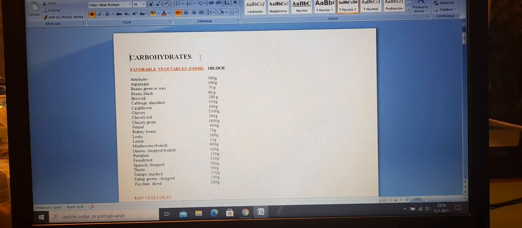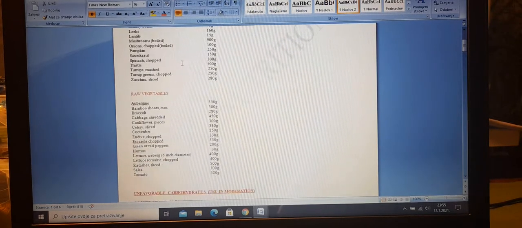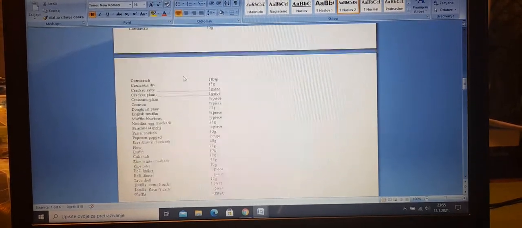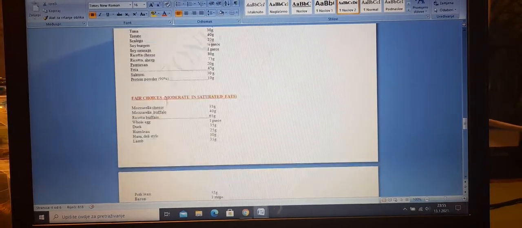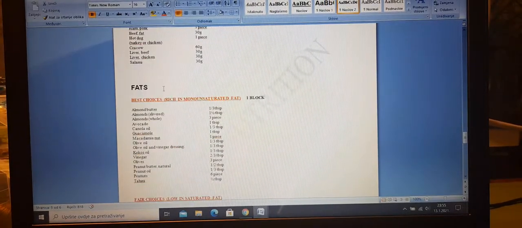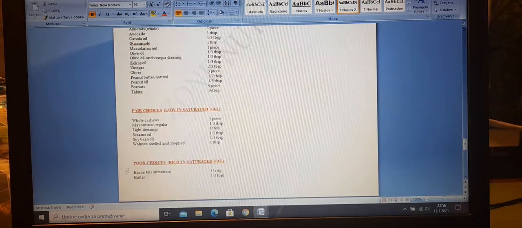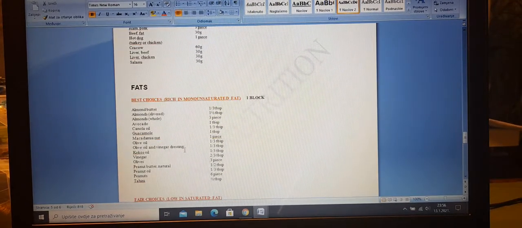This food list is divided by the 3 main macronutrients: carbohydrates, proteins, and fats. And under this there are also small divisions, like the best choice, fair choice, and poor choice for each macronutrient.